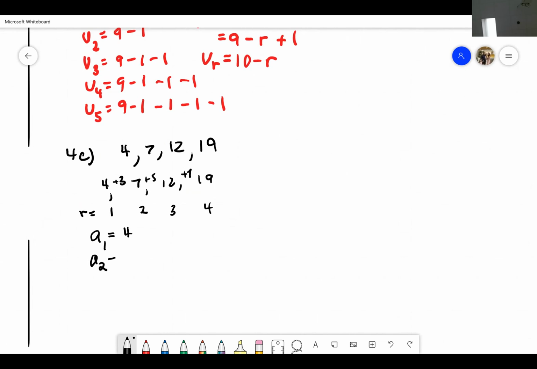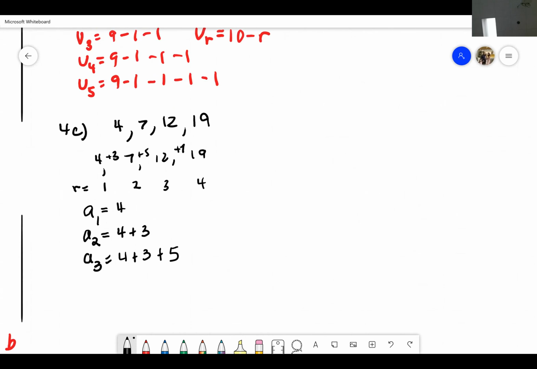A's of 2 equals 4 plus 3. A's of 3 equals 4 plus 3 plus 5. A's of 4 equals 4 plus 3 plus 5 plus what? 7.